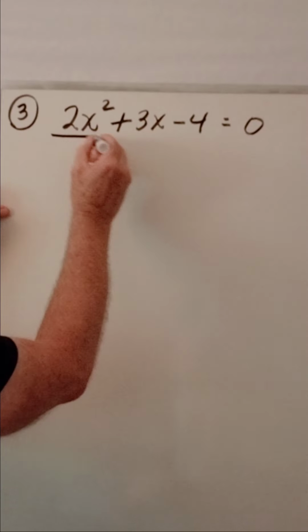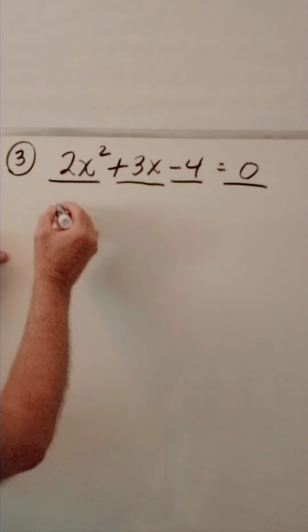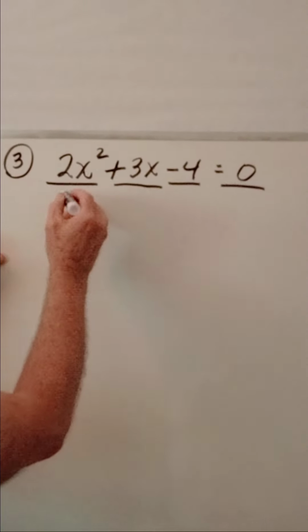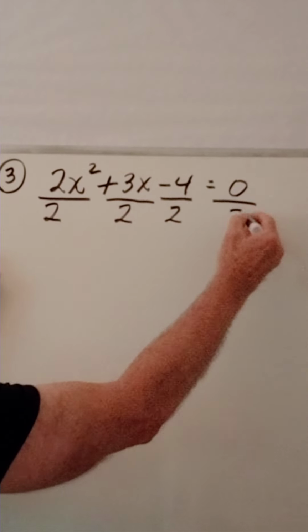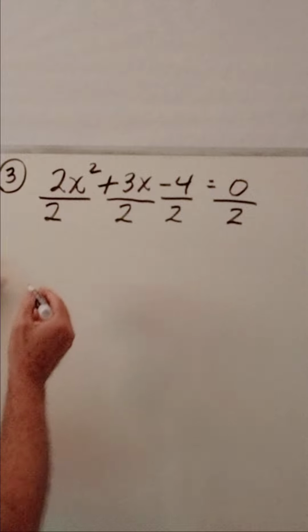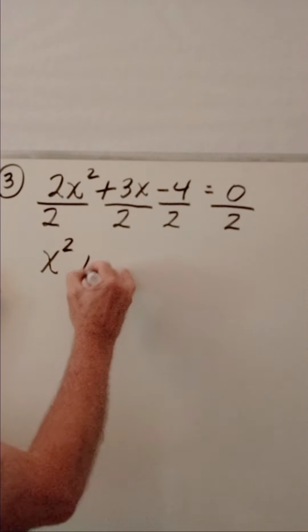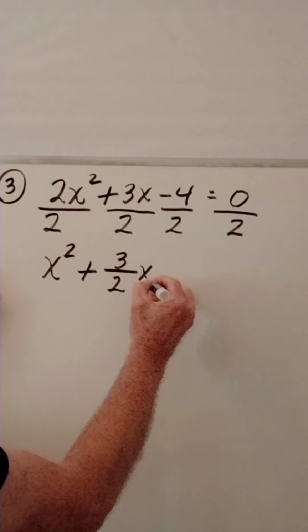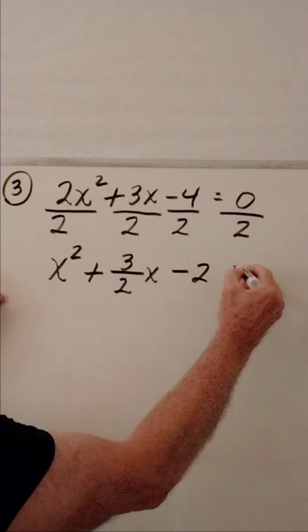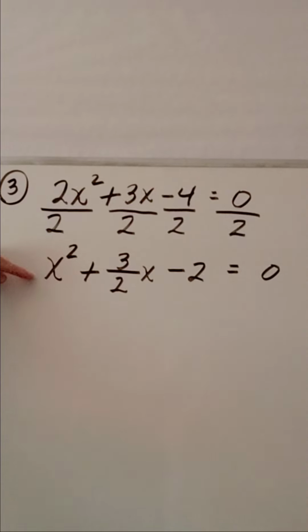So we're going to divide all of the terms on both sides by that coefficient of x squared, 2. And we'll simplify and we'll bring this down to having x squared plus 3 halves x minus 2 is equal to 0. So now the coefficient of the quadratic term is 1.